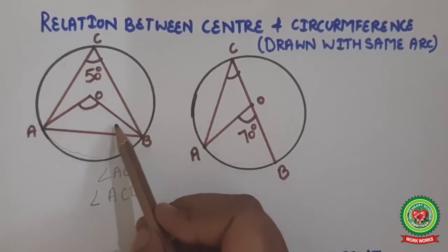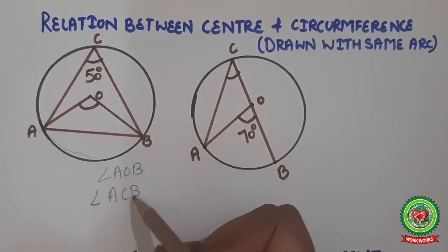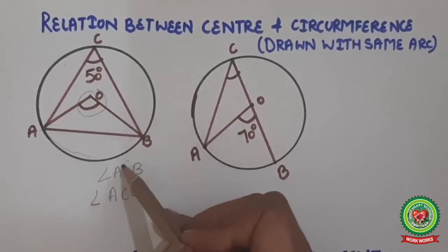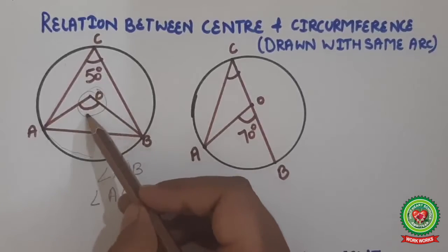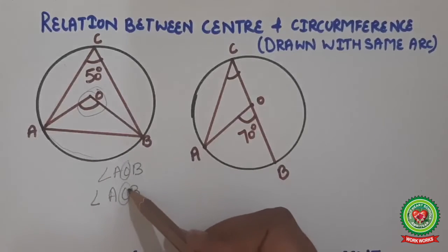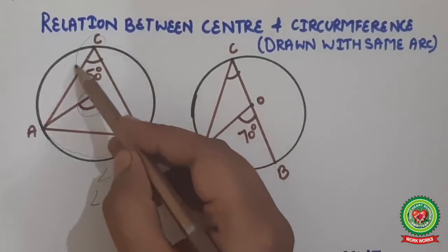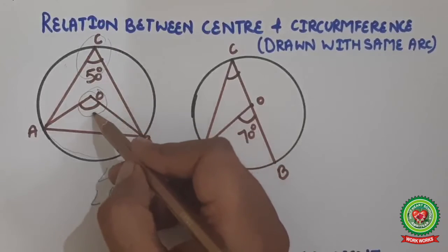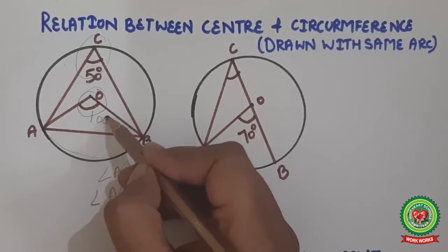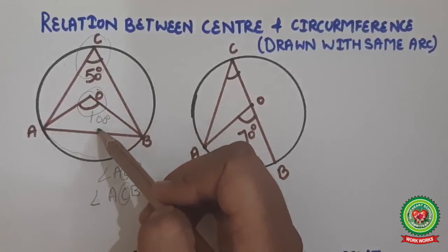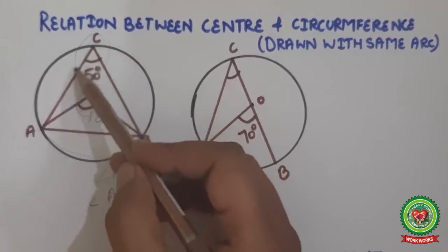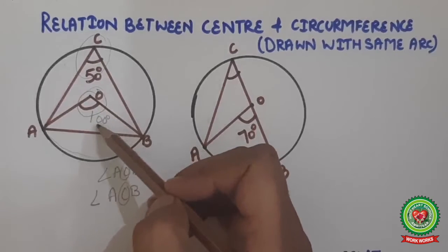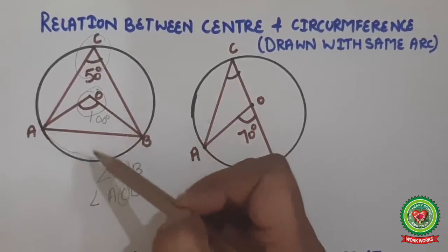So there are two angles with the same arc. This angle O is made at the center, and this angle C is made on the circumference. So children, this central angle will be double the circumference angle, or we can say that the circumference angle is half of the central angle drawn with the same arc AB.